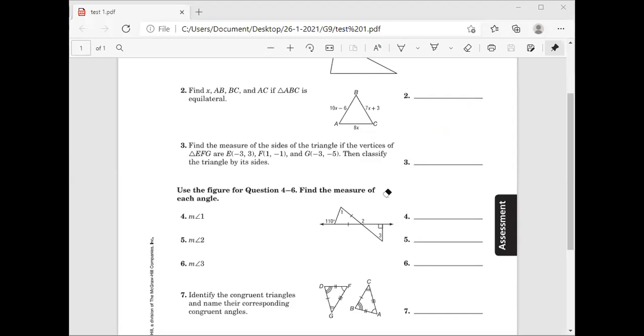Question number 3: find the measure of the sides of the triangle if the vertices of the triangle are E, F, and G, and he gives us the coordinates of each one. So how are we going to solve this question?